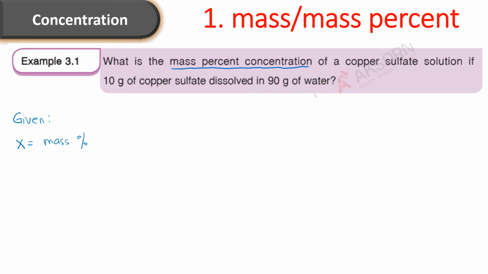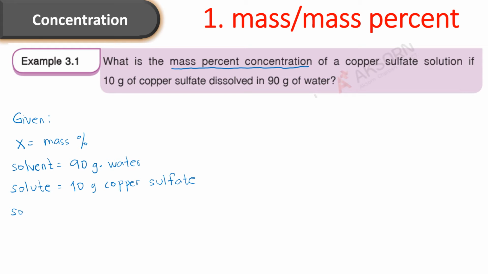What is our solvent here? Our solvent is 90 grams water. We are using grams because we are talking about mass. Next, how much solute do we have? We have 10 grams of copper sulfate.